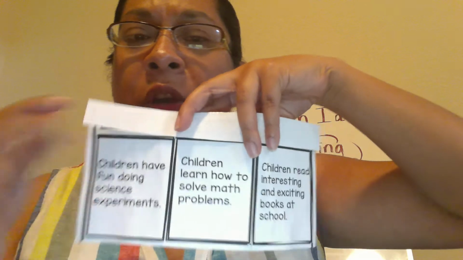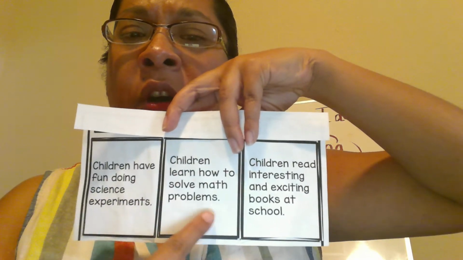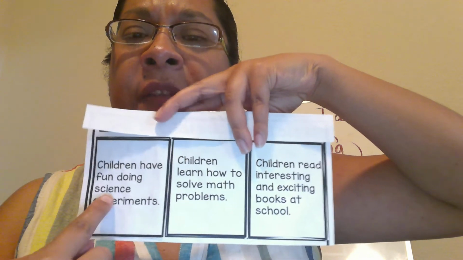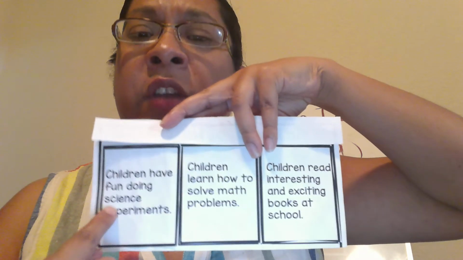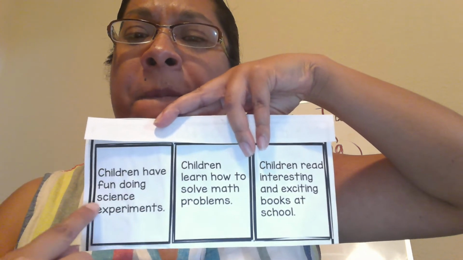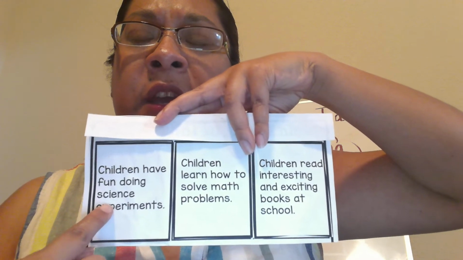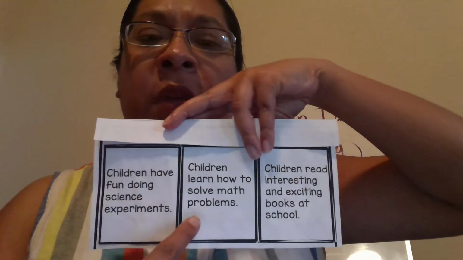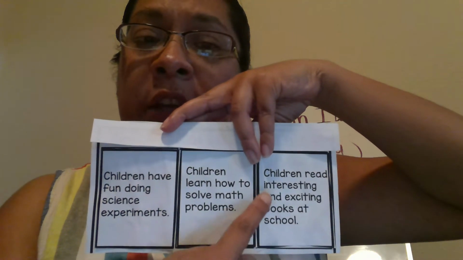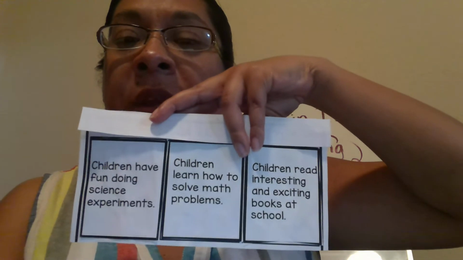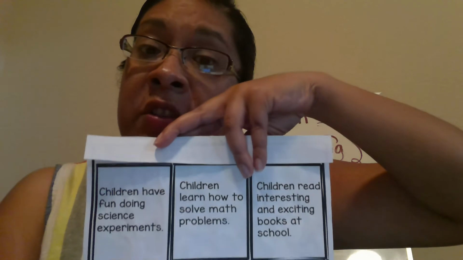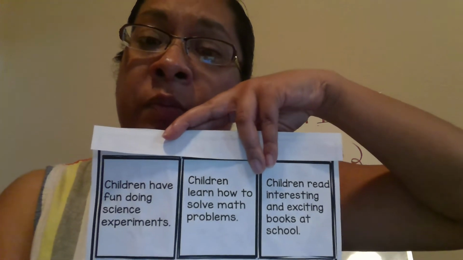So, where do all these things take place? School, that's right. Now, if they have fun doing science experiments, if they learn to solve math problems, and they read interesting and exciting books, maybe those are fun things to do at school.